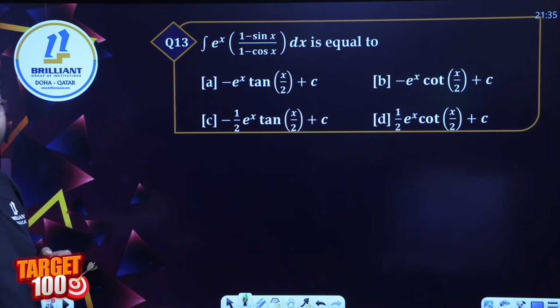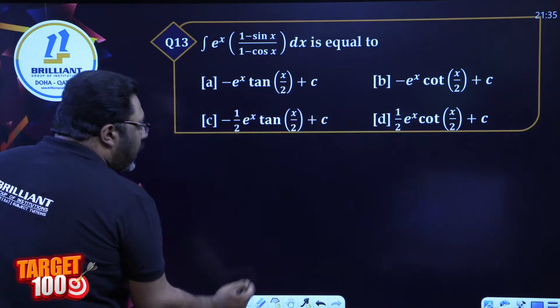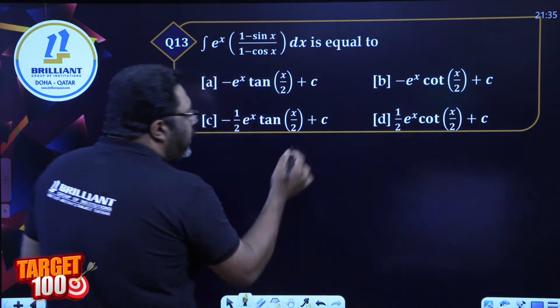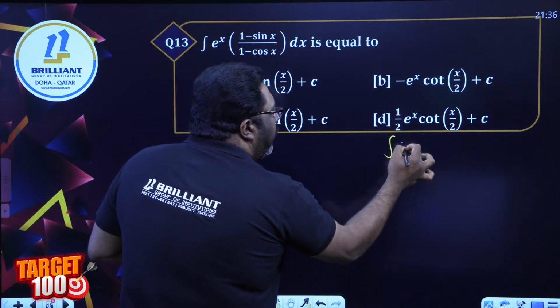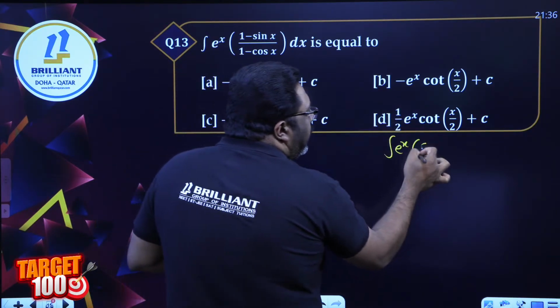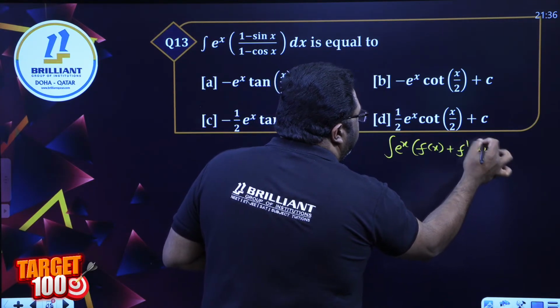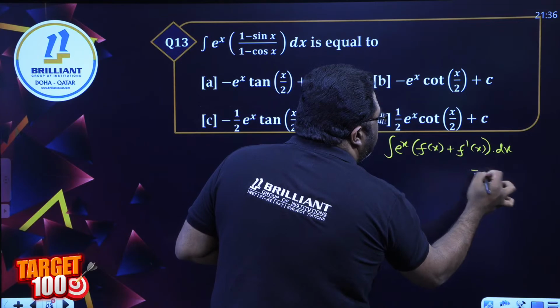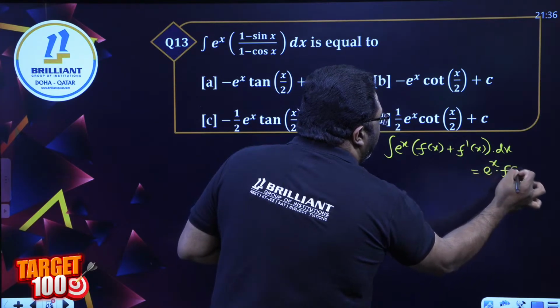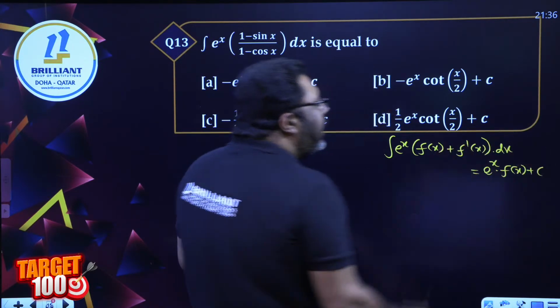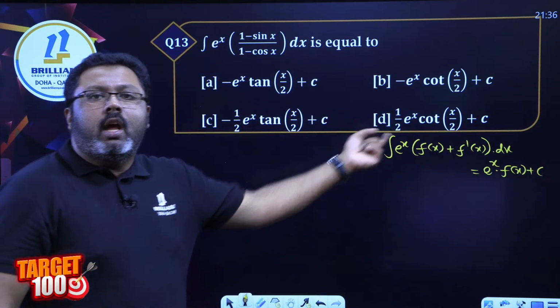Question number 13. Again, this is based on the idea that when you multiply e raised to x with the sum of a function and its derivative, the answer is always e raised to x into f of x plus c. A highly expected property based question for 1 mark.